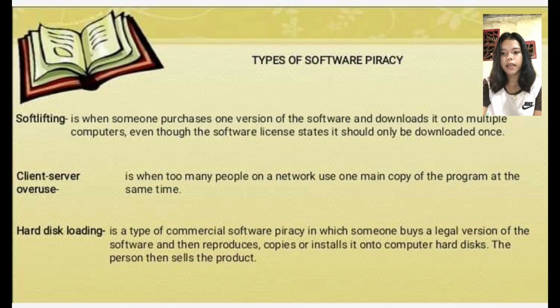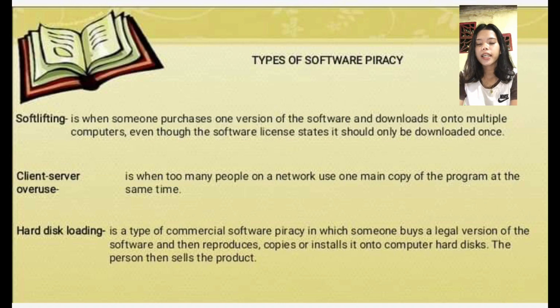Hard disk loading. It is a type of commercial software piracy in which someone buys an illegal version of the software and then reproduces copies or installs it onto computer hard disks. The person then sells the product.